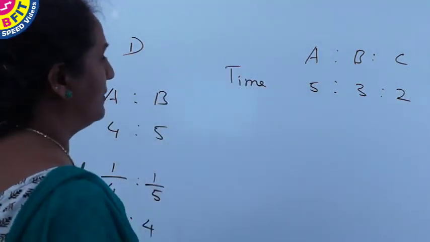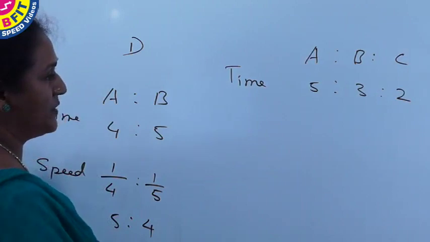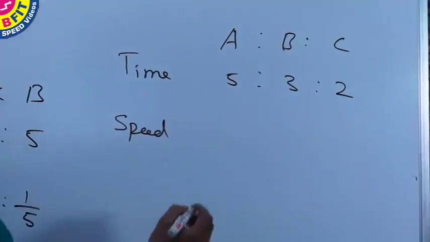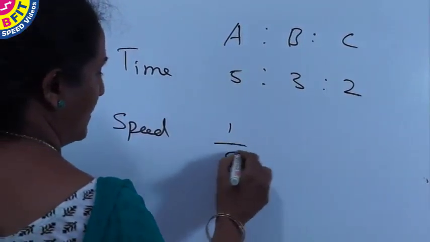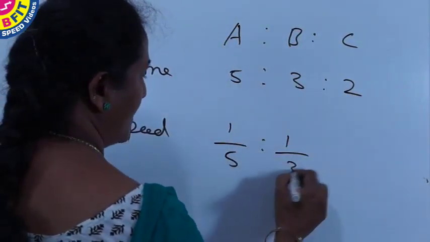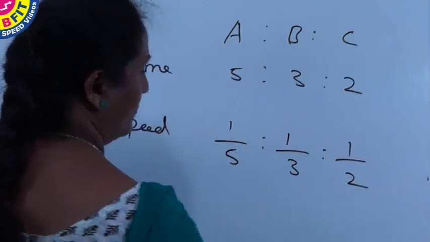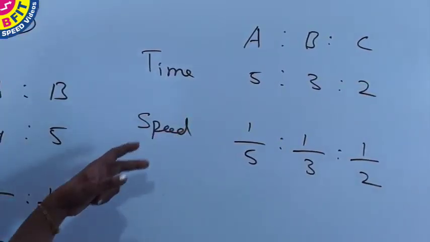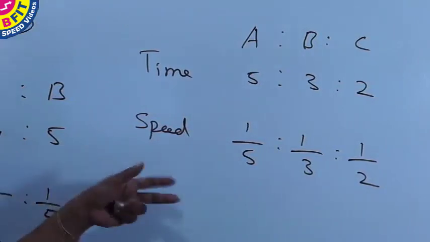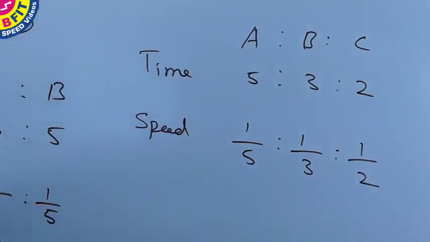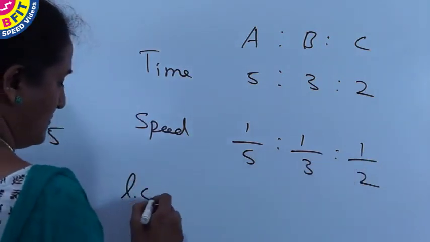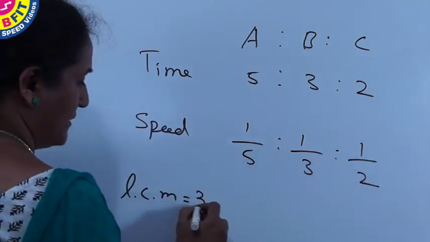Here we have a time ratio for 3 persons A, B and C, and to find the ratio of their speeds, it is 1/5:1/3:1/2. So to find the inverse ratio, don't just invert this, but you have to take the reciprocal and then the LCM of these ratios. So the LCM for 5, 3 and 2 is 30.